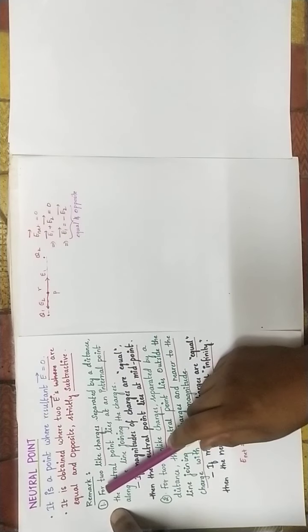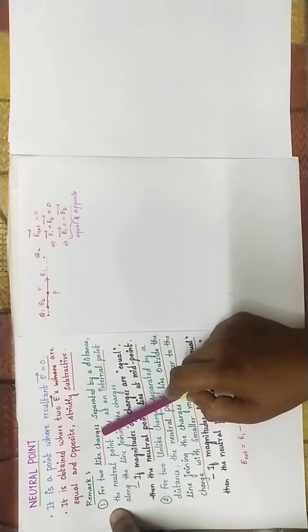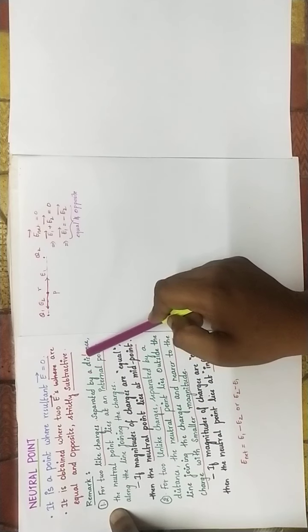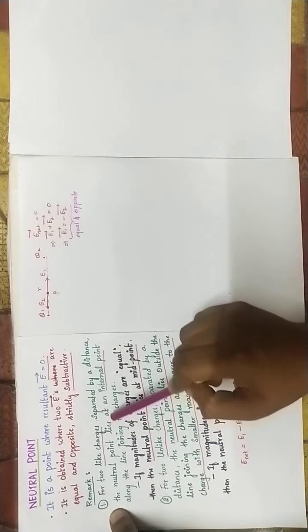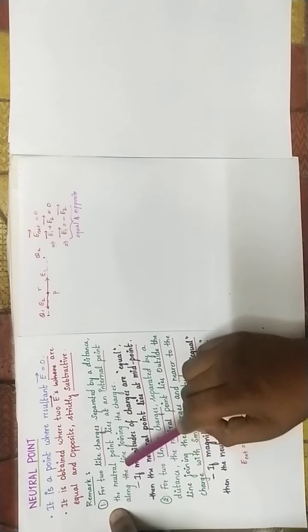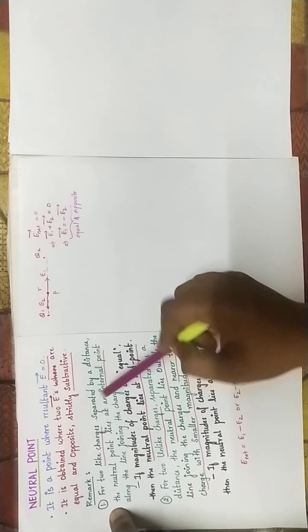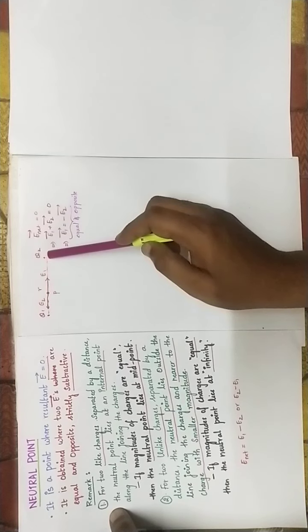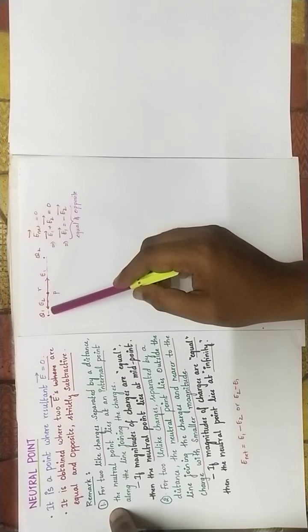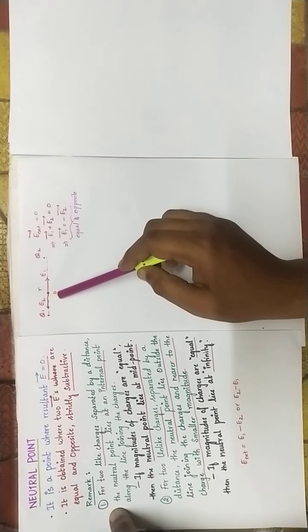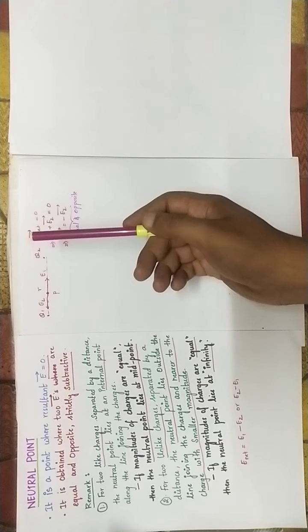The first remark is, for two like charges separated by a distance, the neutral point lies at an internal point along the line joining the charges. So see here, these are two like charges Q1 and Q2, and the neutral point P is lying in between the two charges.